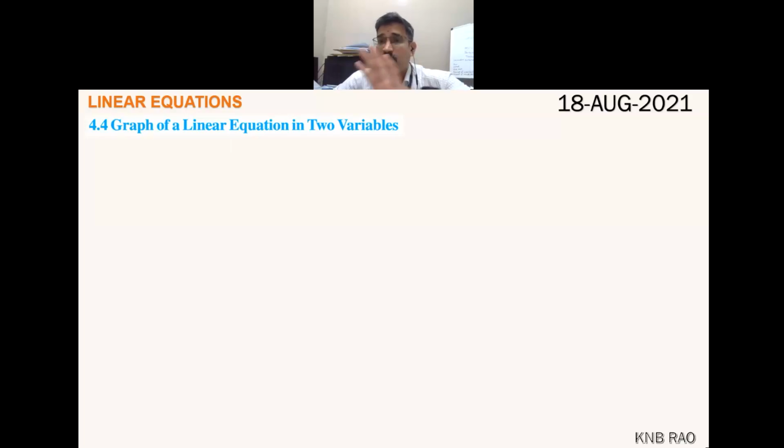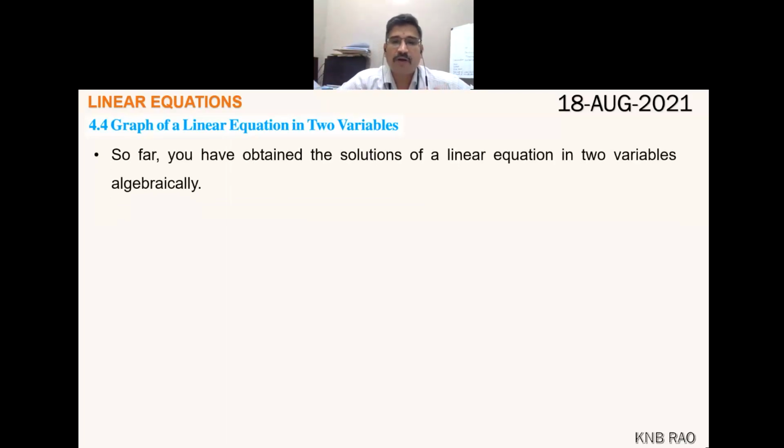Now all those solutions can be shown on a Cartesian plane, and there we are interlinking. Here is the link between algebra, the solutions of a linear equation in two variables, and the points on a Cartesian plane. So it interlinks with geometry. So far you have obtained the solutions of a linear equation in two variables algebraically.